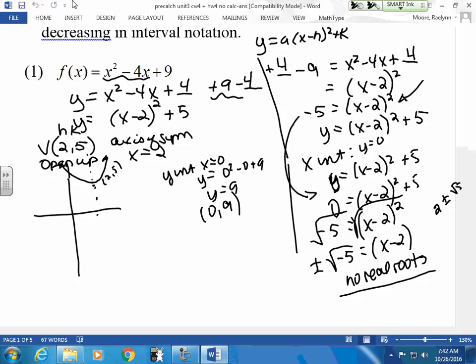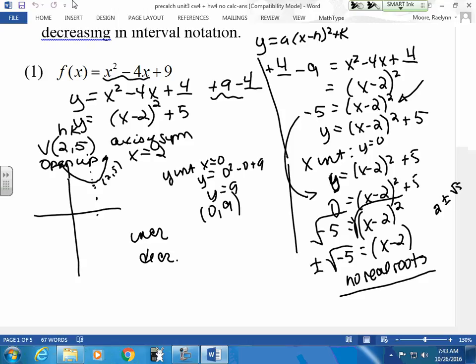So now we've got to state where it's increasing, decreasing. I'm looking for the value of y to be decreasing and then turn and increase. But I use my x interval. So as x comes from negative infinity to this point right here, 2, what is the value of y doing?